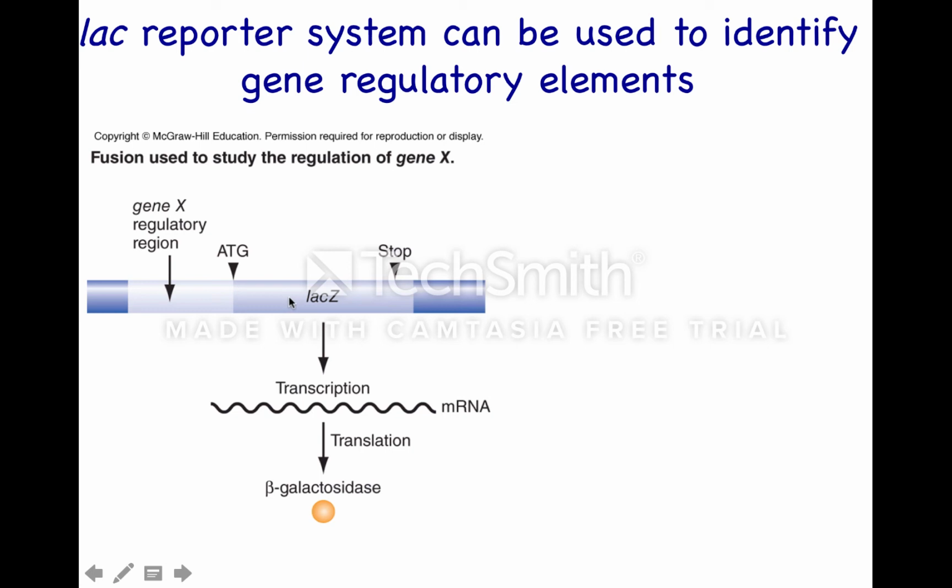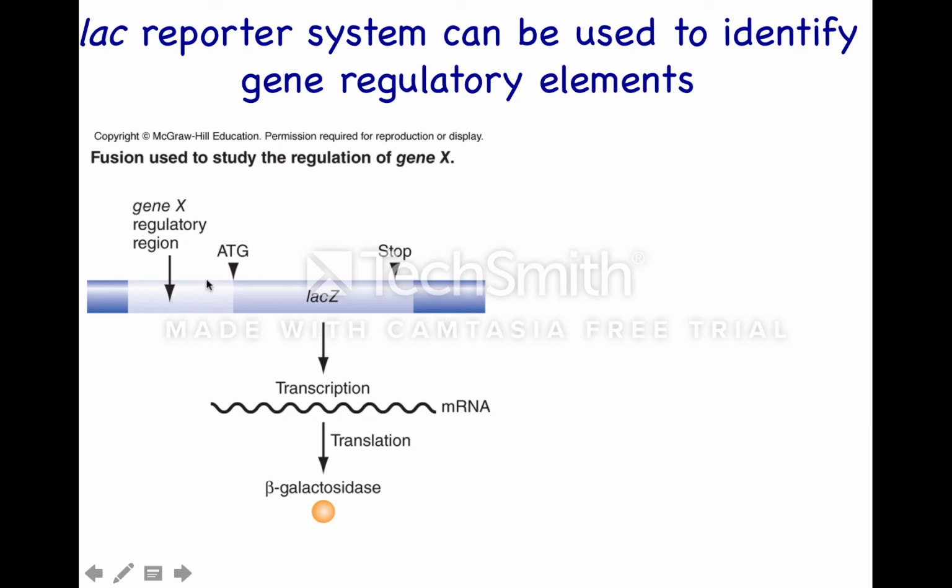So the way that this is often applied is that if people are interested in studying where their gene of interest, whatever gene X, is turned on, so they want to basically look for a transcriptional reporter. Where is this gene turned on? They can clone LAC-Z right downstream of gene X regulatory region.